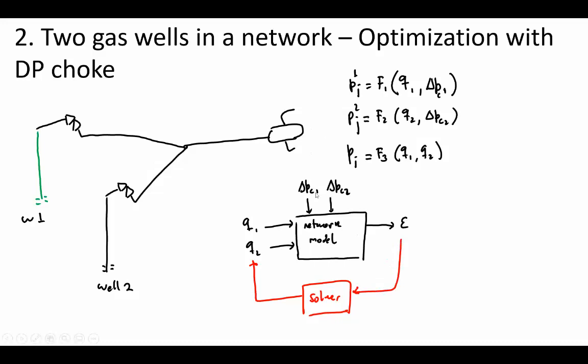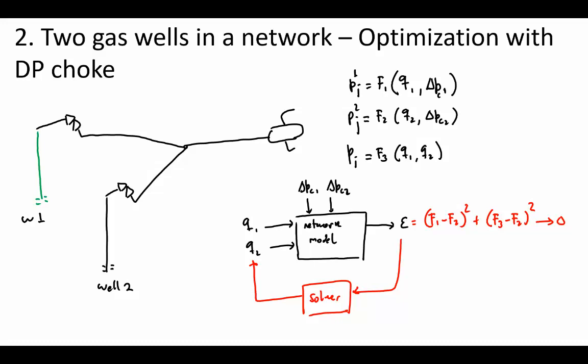This epsilon is essentially F1 minus F2 squared plus F3 minus F2 squared, and we try to drive that to 0. It's the same example that we have covered before: the system with two gas wells in a network, changing the delta P of the choke.